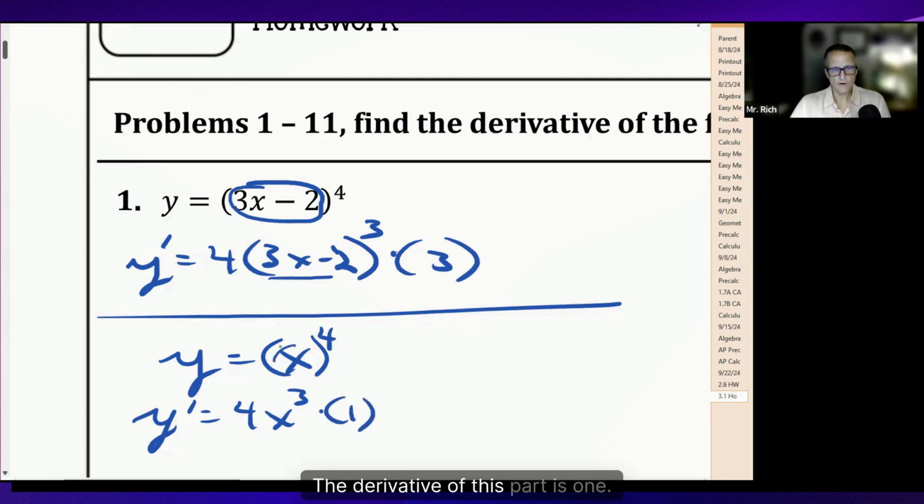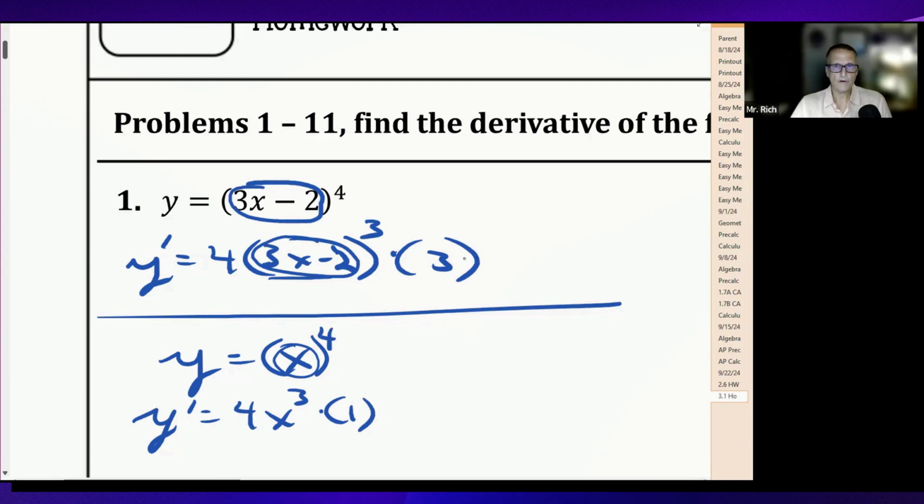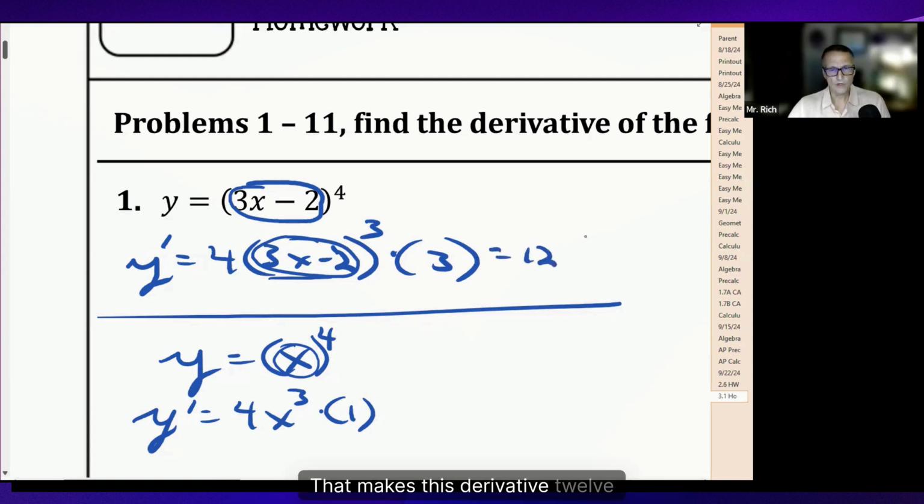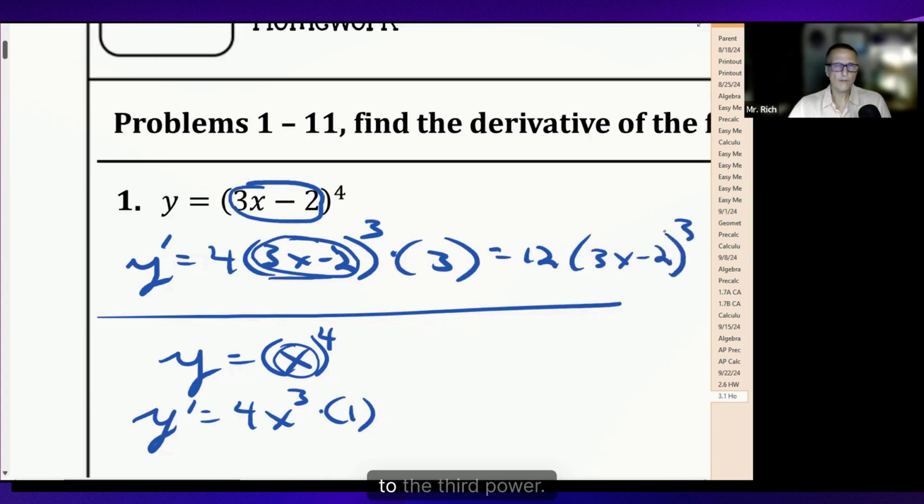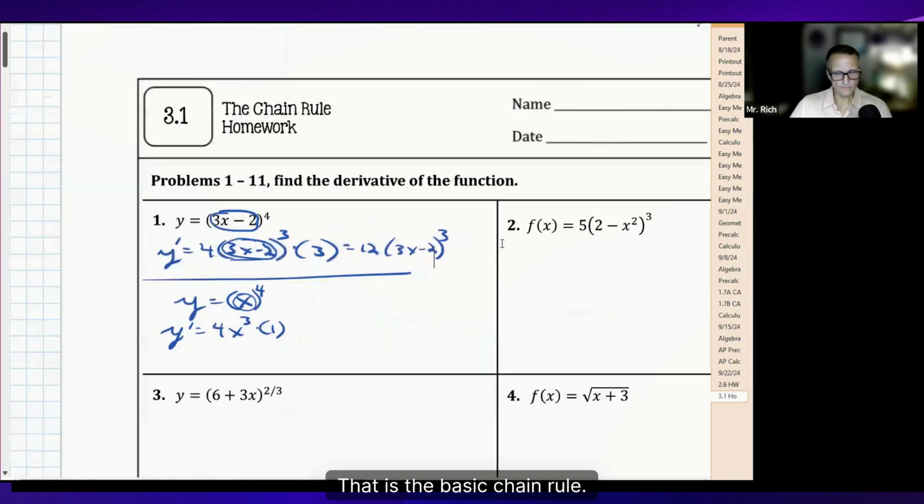The derivative of this part is 1. So I don't really think of it as a chain rule. But when the thing is no longer an x, but a 3x minus 2, I need to multiply by the derivative of the inside part. That makes this derivative 12 times 3x minus 2 to the third power. That is the basic chain rule.